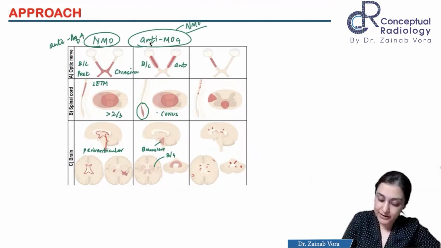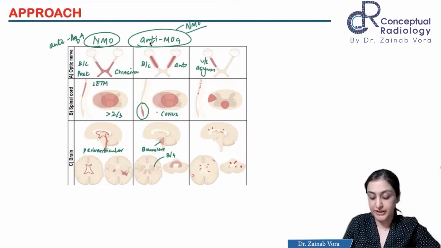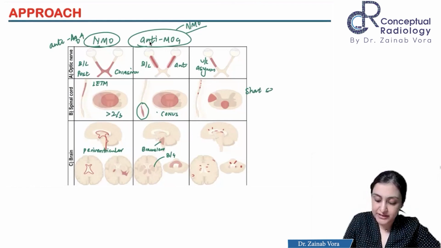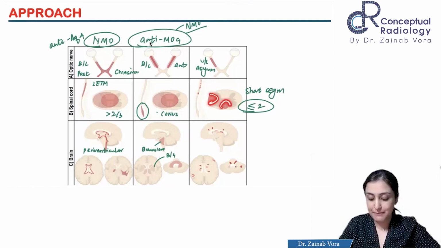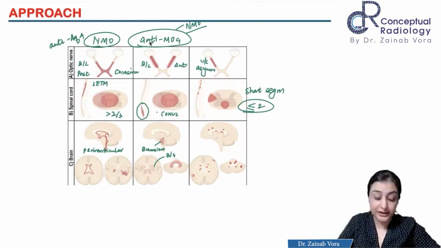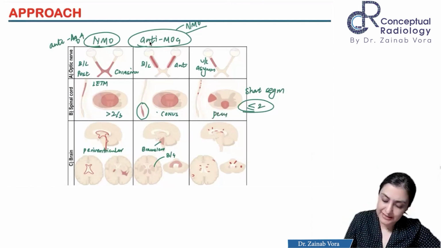And then when you see asymmetrical unilateral optic nerve involvement, look at spinal cord. Patchy, short segment involvement. This involves less than or equal to 2 vertebral segments. Here also we see predominantly patchy peripheral involvement of the spinal cord. And then what do you see?